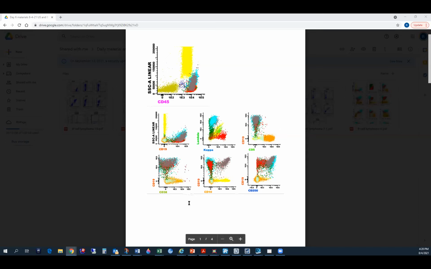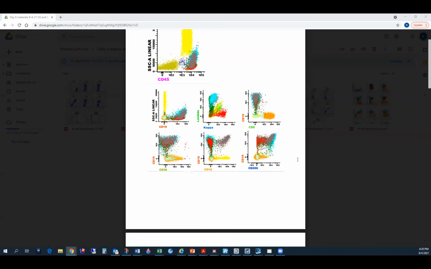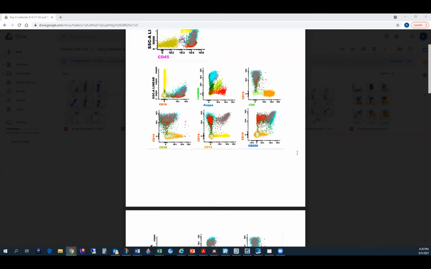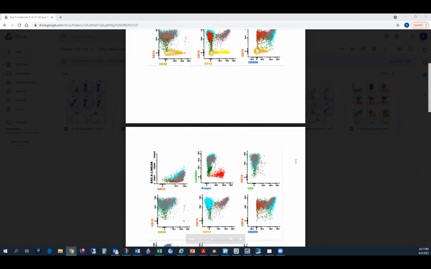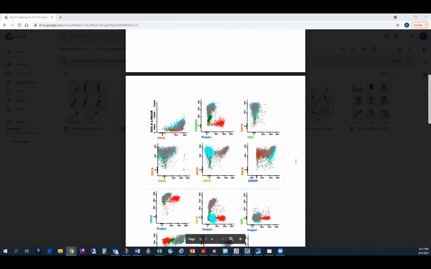Then coming to 10 and 19, all of a sudden I have a 10 positive, 19 positive population, which is my gray. So that's when I'm thinking that something is abnormal. Then I look at 20 and 19, these 10 positive are 200 positive and 19 positive. So that's what I'm now trying to focus on. That could be my abnormal population. Going down, I can see my gray population has a lambda restriction.